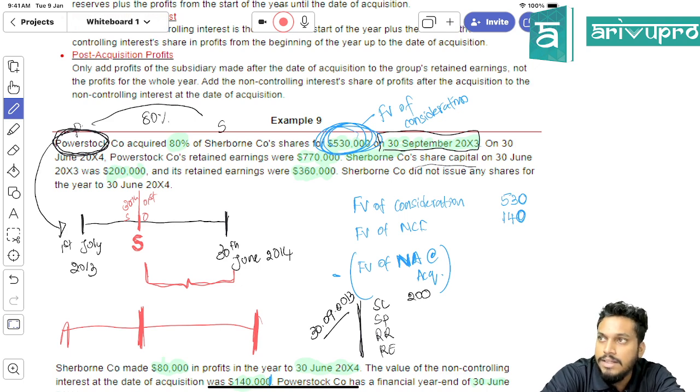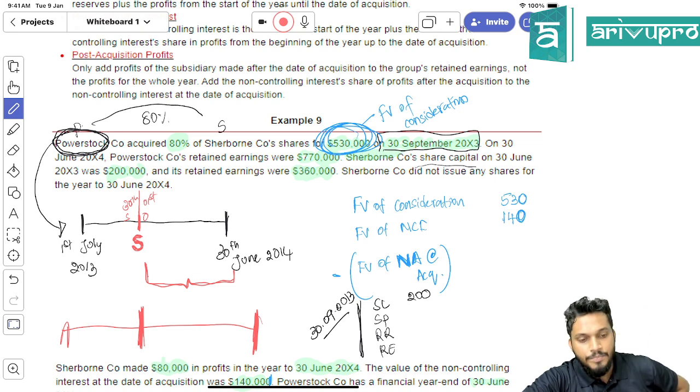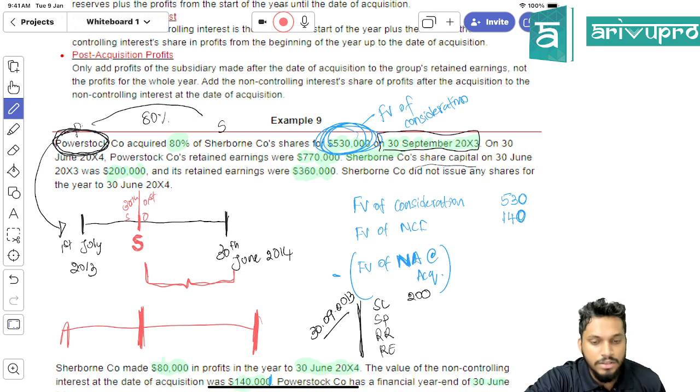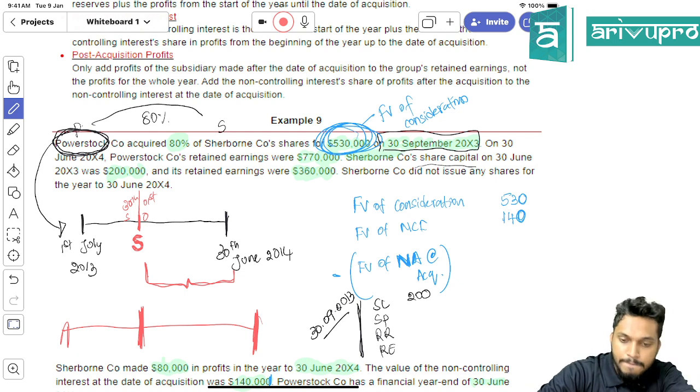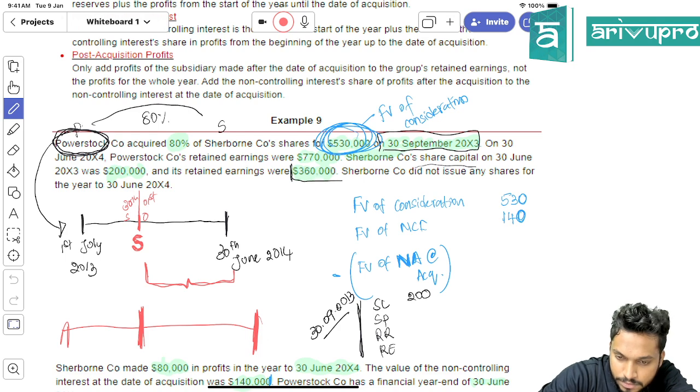So now they are telling that on 30th June 2013, their share capital was 200,000. But the retained earnings was 360,000. Right. However, continue reading.